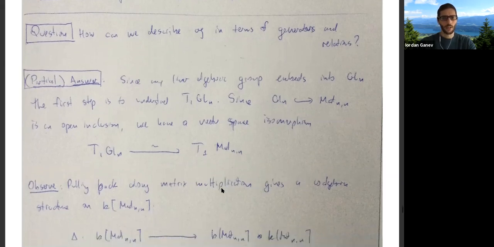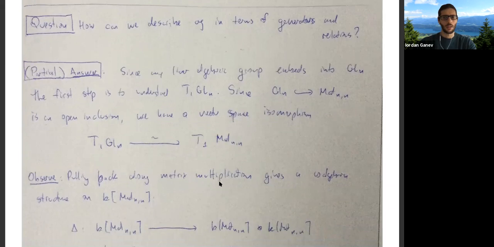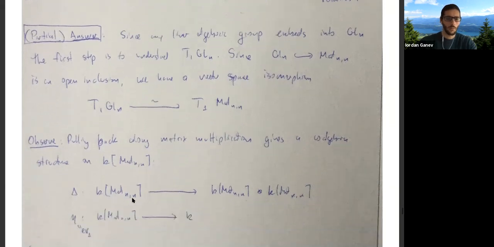One thing to note is that we want to understand this Lie algebra structure on this tangent space, and it was coming from an associative algebra structure on the dual of functions. Now, how can we retain any of that with these matrices instead of GLN? Well, it pretty much goes through.